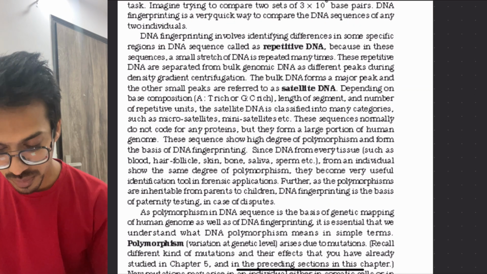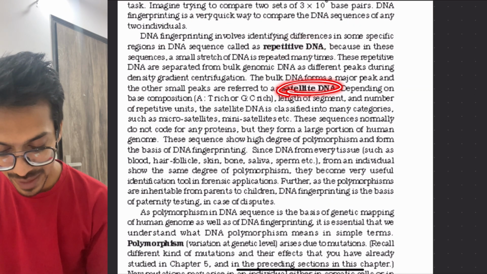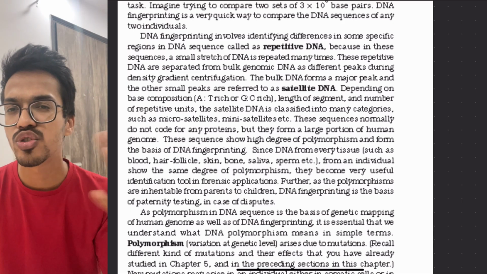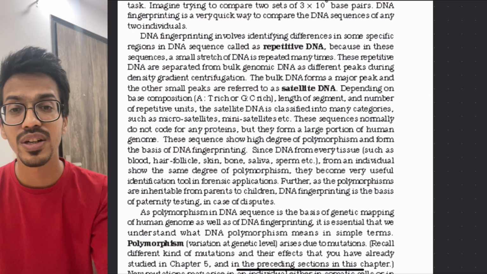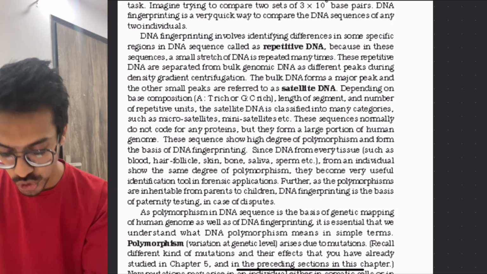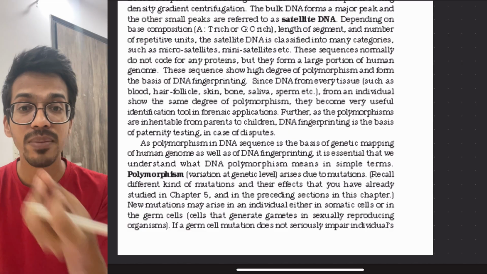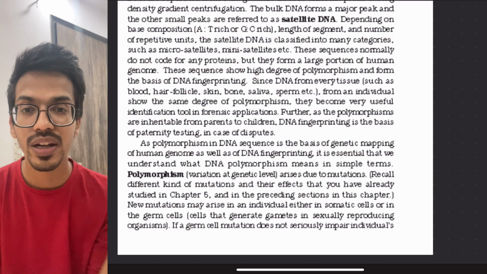We are going to see this with the help of repeated DNA and satellite DNA. These satellite DNAs, depending upon what they are rich in, come up as different types in me and you, and this is known as polymorphism, meaning many different forms.